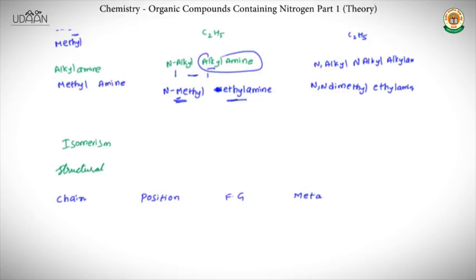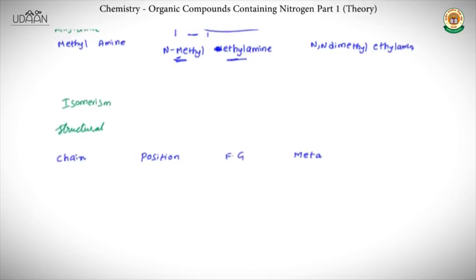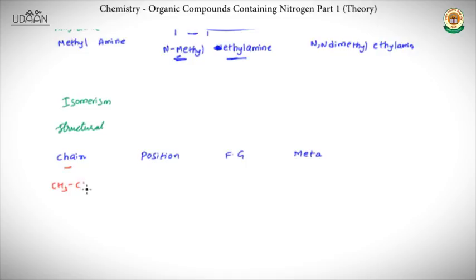Now let us see how these are exhibited. First, for chain isomerism, let's consider CH3CH2CH2NH2.